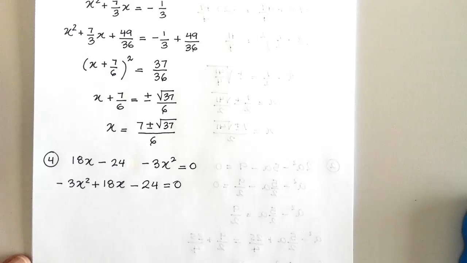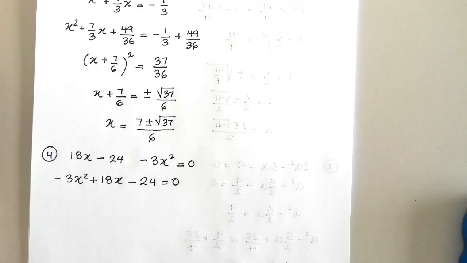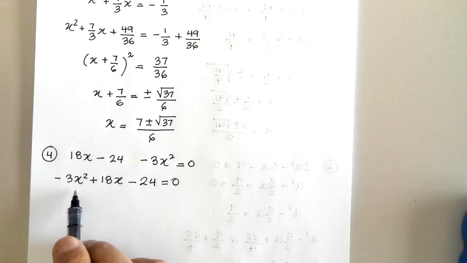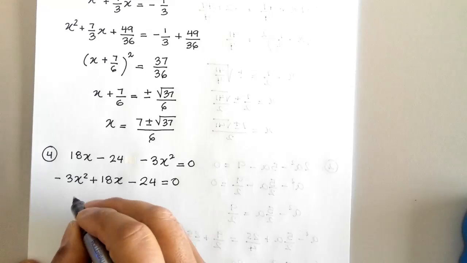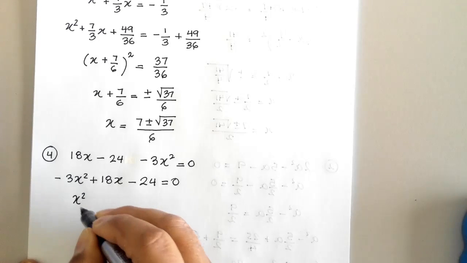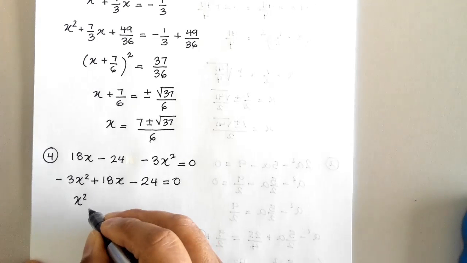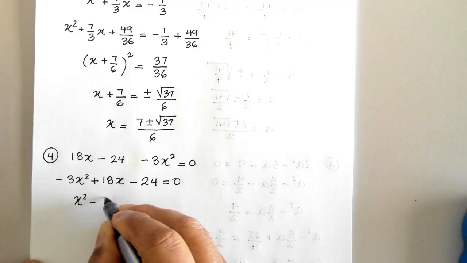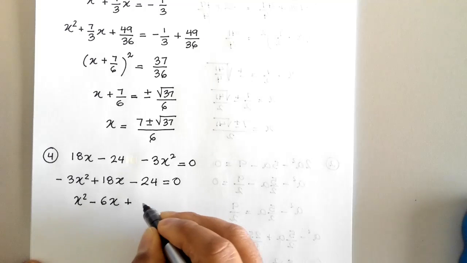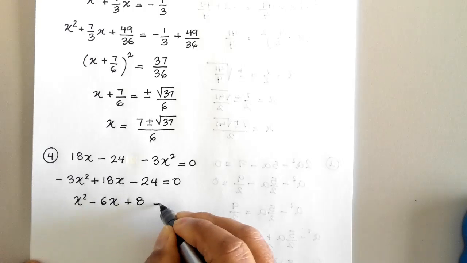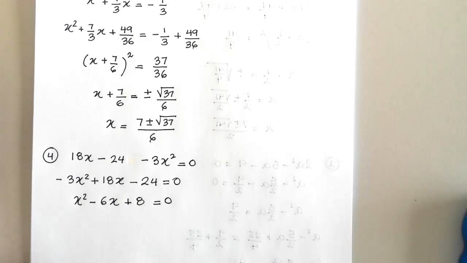And because I really want to have a monic, I'm going to divide by negative 3. So we're going to divide everything by negative 3. So when you do that, then you're going to have x squared minus 6x, and here you're going to have plus 8 equal 0.